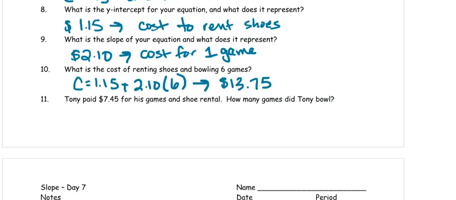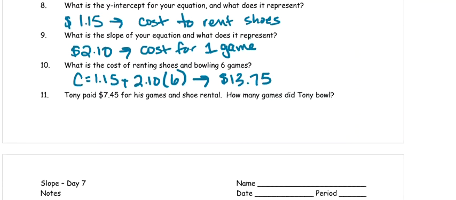Tony paid $7.45 for his game and shoe rental. How many games did Tony bowl? So this time, this is representing your cost. So let's do it in a different color. We have our equation up over there: C equals 1.15 plus 2.10n.